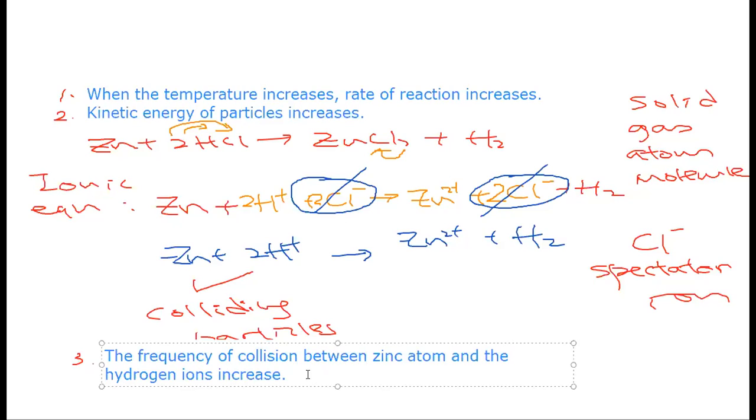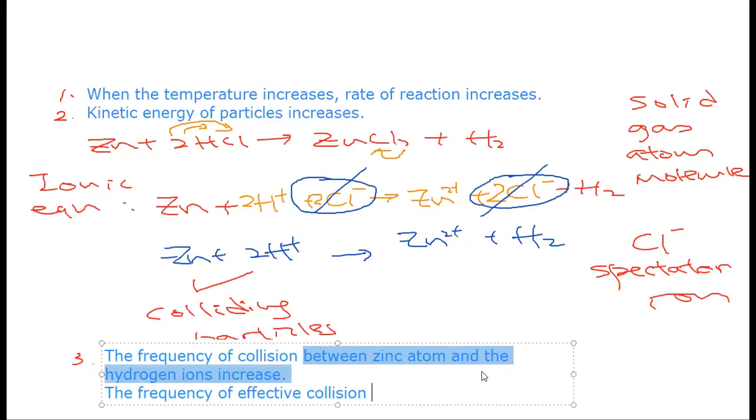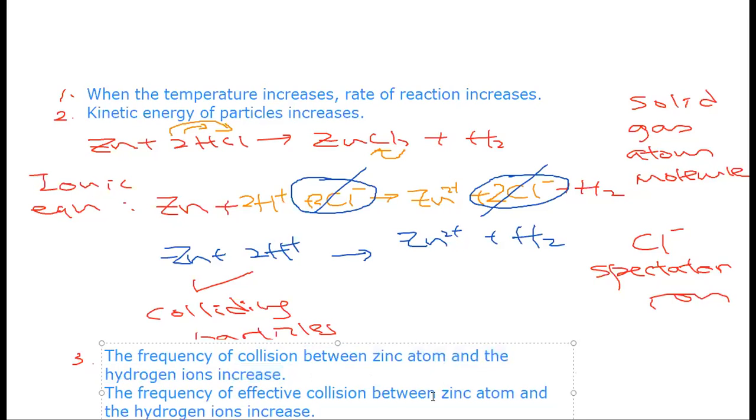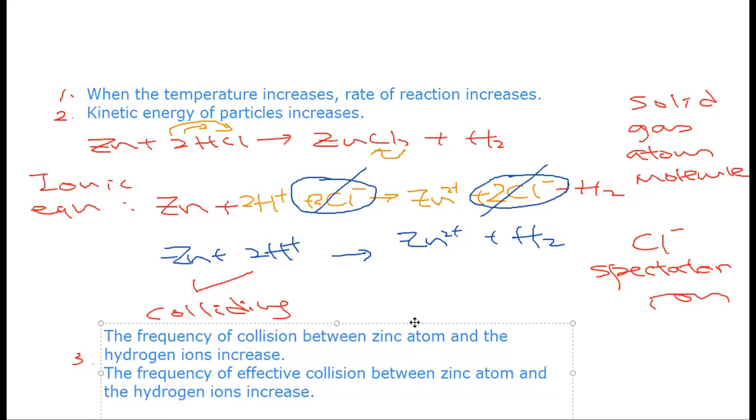This type of collision, we call the effective collision. Therefore, the frequency of effective collision between the zinc atom and the hydrogen ion will increase. So this is related. I hope you can follow this.